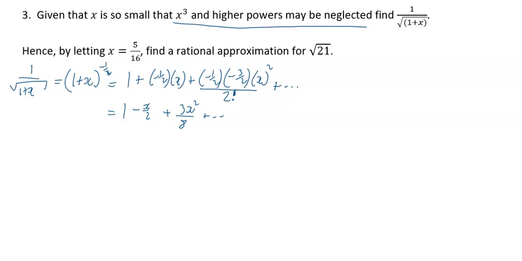Okay, right. The tricky bit then says, hence by letting x equal 5 over 16, find a rational approximation for root 21. Haven't a clue. So let's just get started and hopefully something sparks.